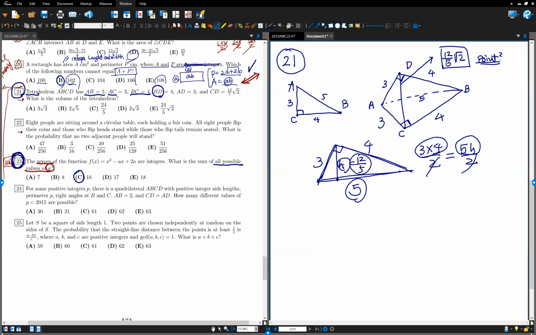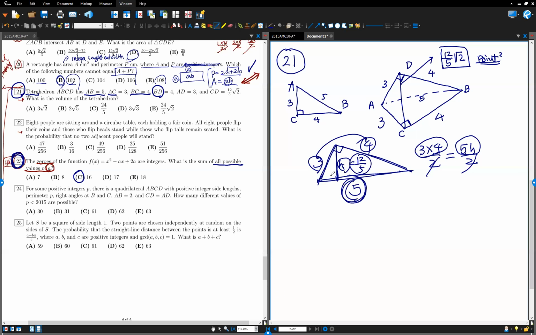If someone is strong in math, 12 over 5, yes, they know that. This is the height for 3, 4, 5. But when you face this the first time, it's a little weird.